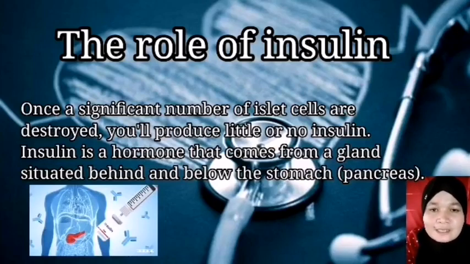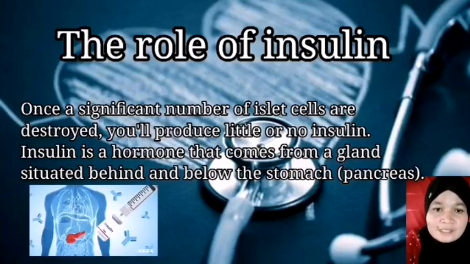The pancreas secretes insulin into the bloodstream. Insulin circulates, allowing sugar to enter your cells. Insulin lowers the amount of sugar in your bloodstream. As your blood sugar level drops, so does the secretion of insulin from your pancreas.